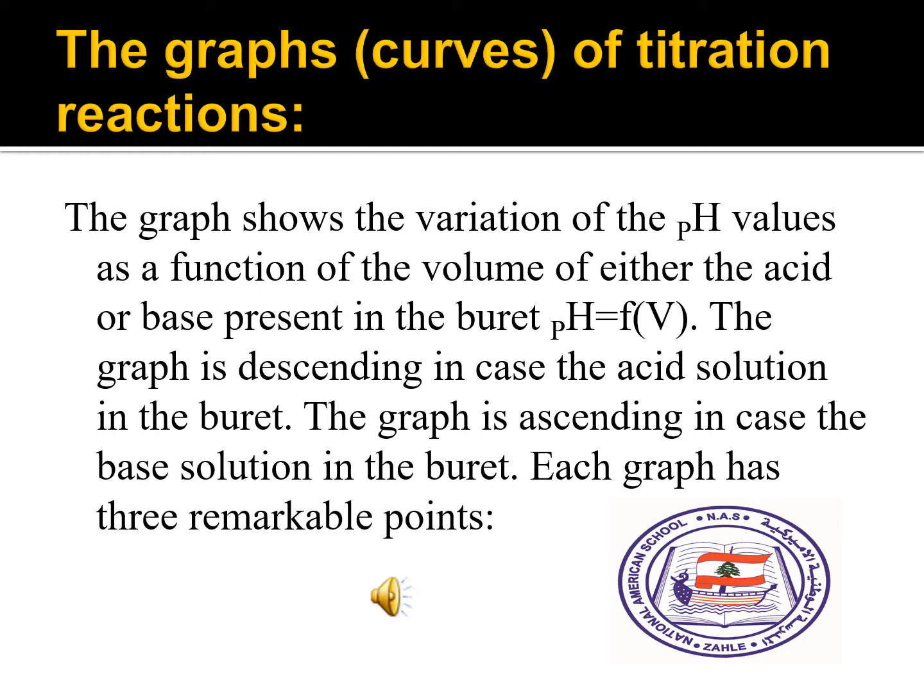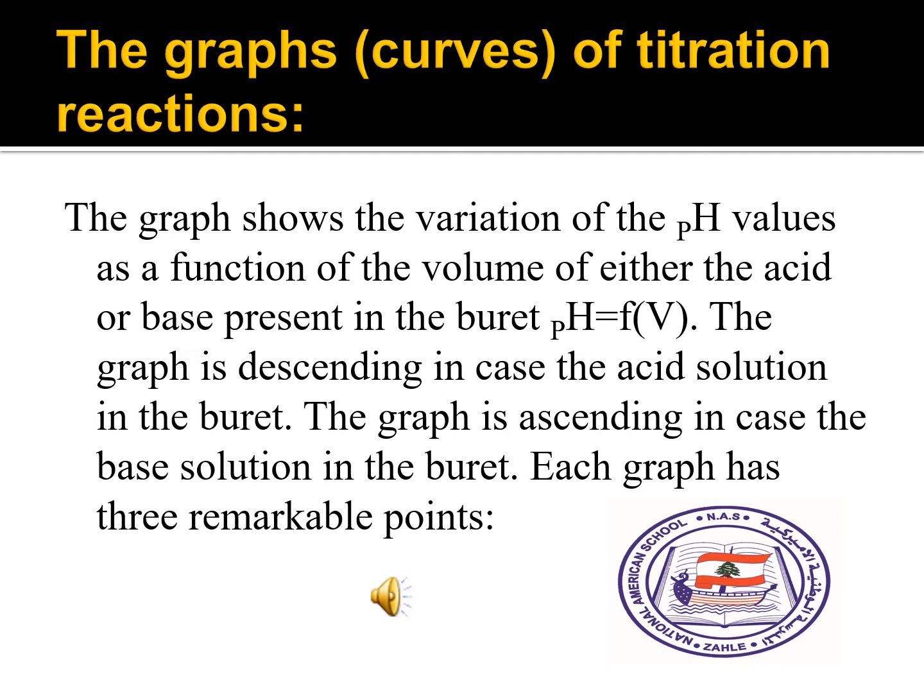So the x-axis, or the abscissa, is the volume in milliliters of the solution that we have in the burette, and the y-axis, the ordinate, is the value of the pH.